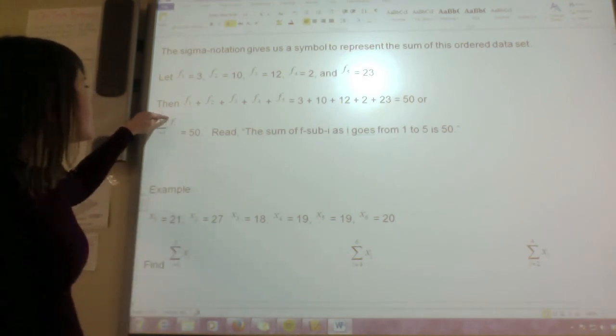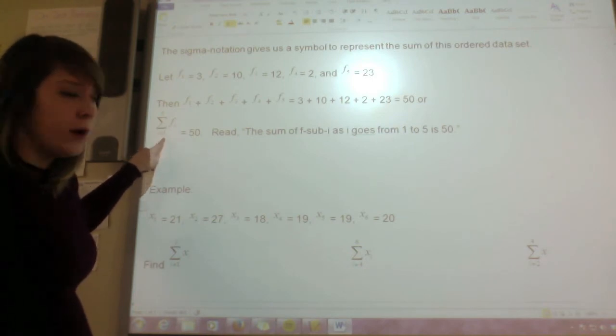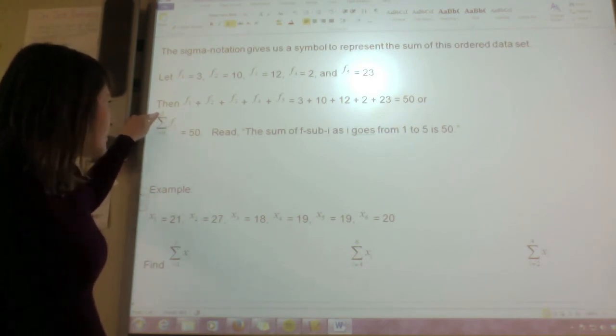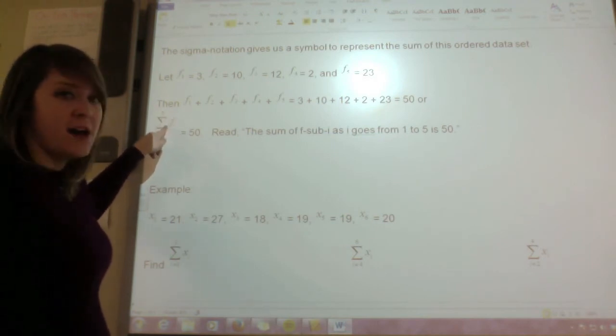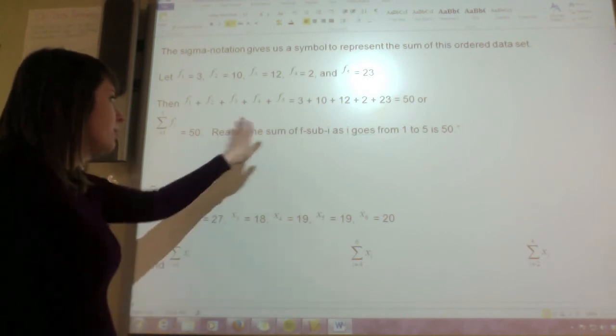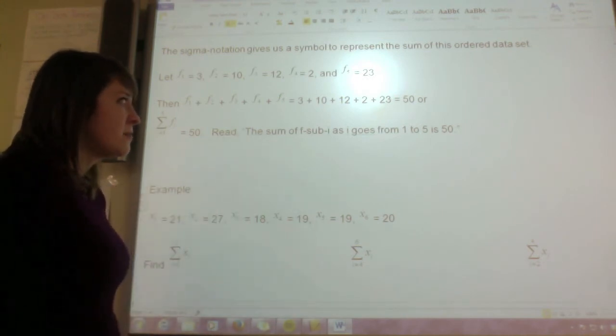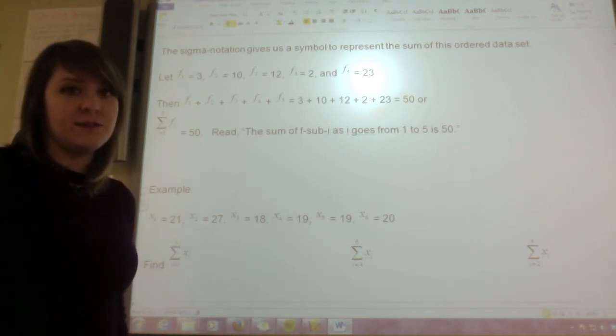I can say the sum from i equals 1, or my index of 1, up to 5, my index of 5 is where I end, of my f sub i values is going to equal 50. So the way I read that is the sum of f sub i as i goes from 1 to 5 is 50.